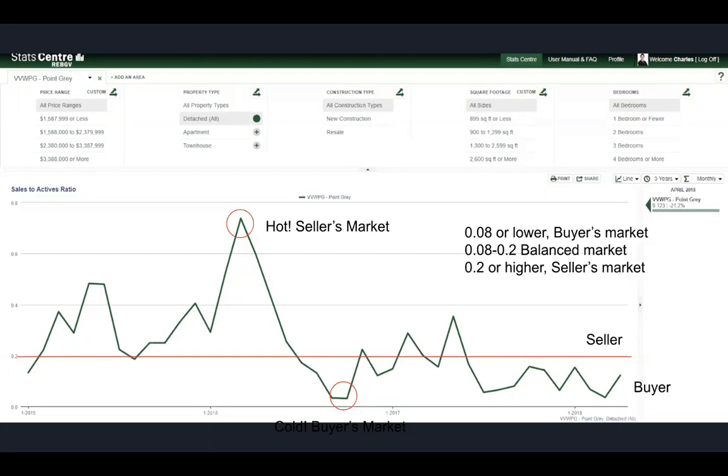So when you show the client this trend map, you will be able to educate them on how your pricing strategy works. If you're in a seller's market, you can price it higher for a multiple offer. And if you're in a buyer's market, you probably want to be competitive on your listing price.